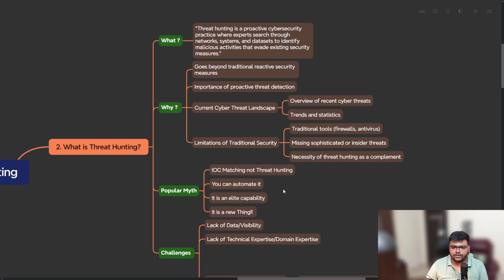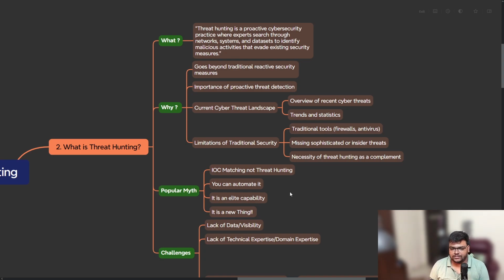Another popular myth, and the last one, is that it's a new thing. No, it's not new. Threat hunting has been in the industry for a long period of time. Everybody has been testing what is malicious and what is not malicious in their data sets. It's just that the term has become popular lately.